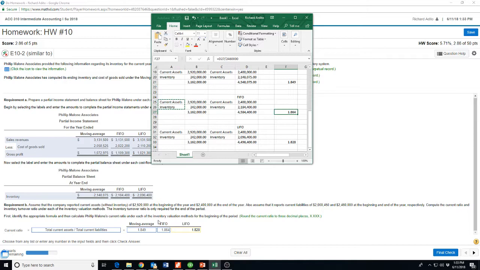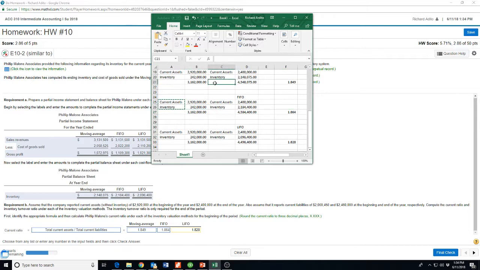It doesn't say it's at the beginning of the year. Now I'm curious. We don't need any averages. That would be for the inventory turnover ratio. Maybe it is looking for the beginning.